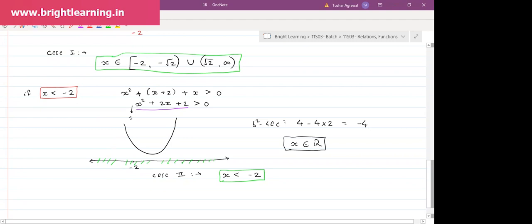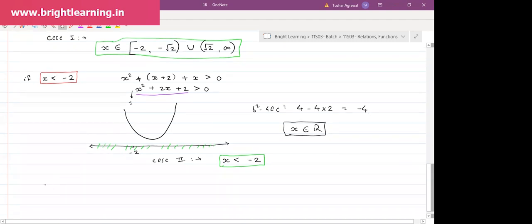So the final answer, x can be greater than minus 2 also, or less than minus 2 also. You will have to combine these answers and take their union. Sometimes you have to take union, sometimes intersection. Here it is a union in this case.